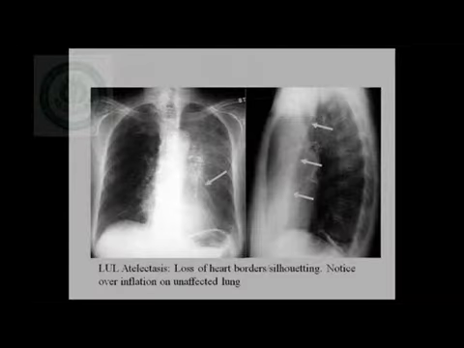When you take a lateral view, this shows an opacity that is extending from superior to inferior. This is how the left upper lobe collapses. You also note the compensatory hyperinflation of the left lower lobe. The anterior bowing of the left major fissure is also noted in this X-ray.